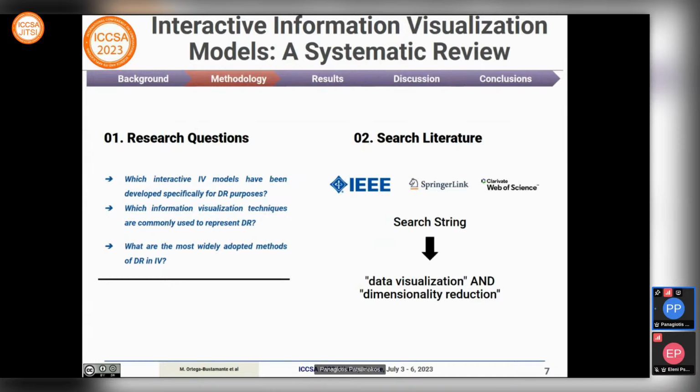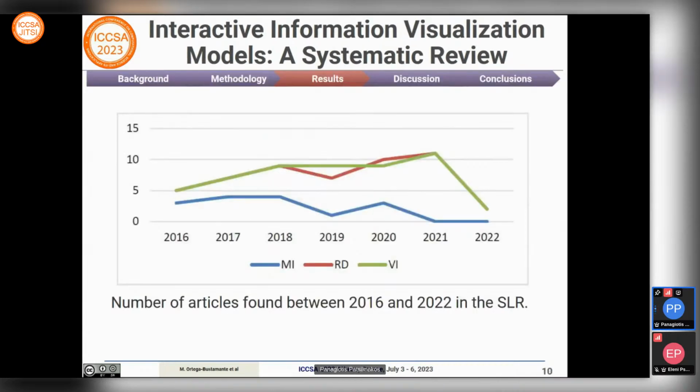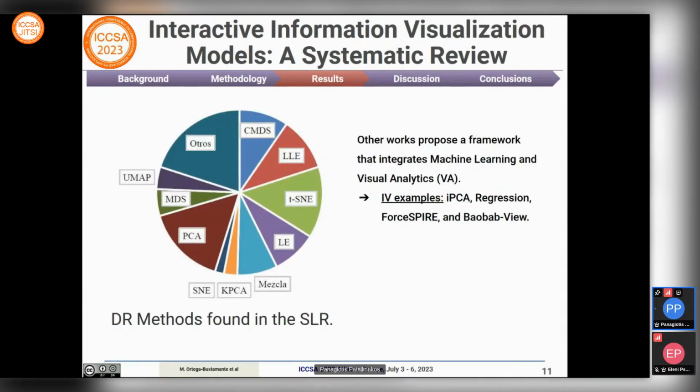I just want to say, in your selection, did you check the difference between feature selection and feature extraction? Because in the methods you mentioned before, you mentioned PCA and t-SNE, and they are considered feature extraction. But did you check the trend of feature selection and feature extraction?